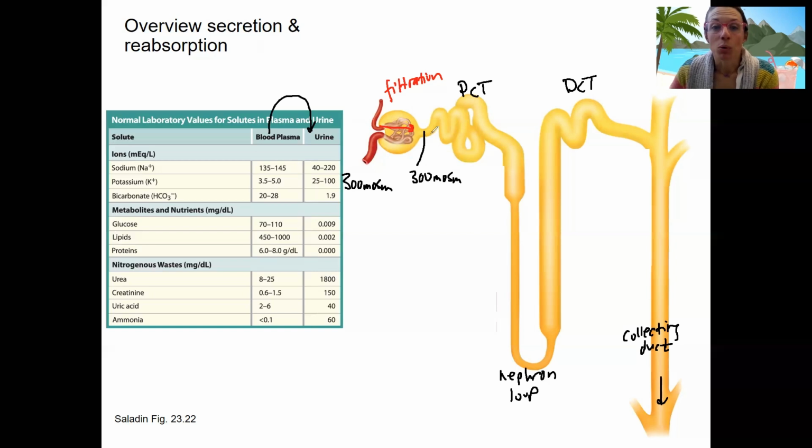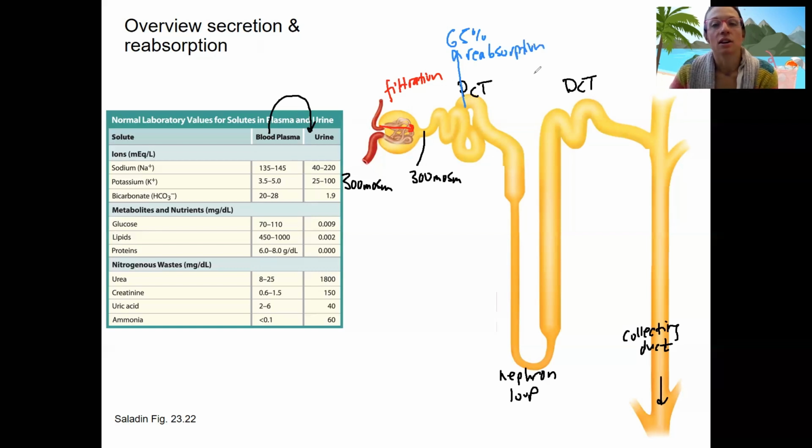Okay, so what happens to change the osmolarity of this filtrate? Well, reabsorption and secretion are both going to occur. Reabsorption is when fluid and all the substances exit the nephron. About 65% of reabsorption is going to occur in the proximal convoluted tubule.